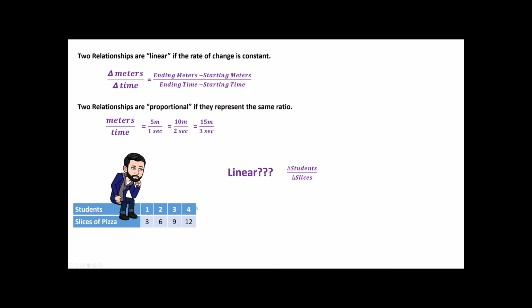So maybe I want to say, for these first two ratios, I went from 1 student to 2 students and 3 slices of pizza to 6 slices of pizza. So I take my ending students minus my starting students, my ending pizza minus my starting pizza, and I get a rate of change of 1 to 3. That's between this first pair.